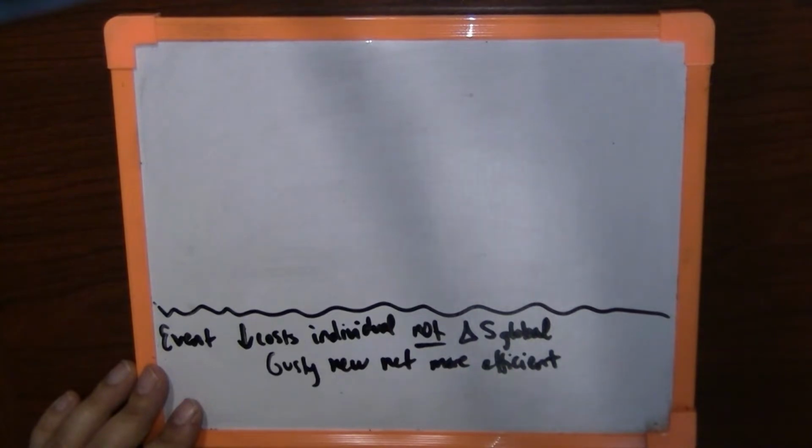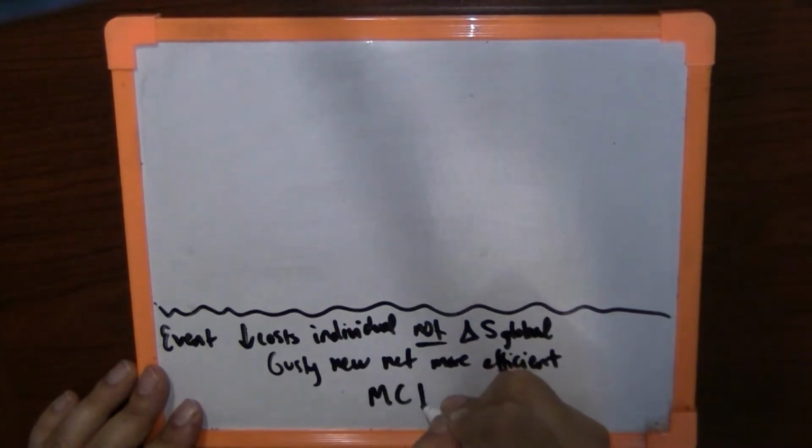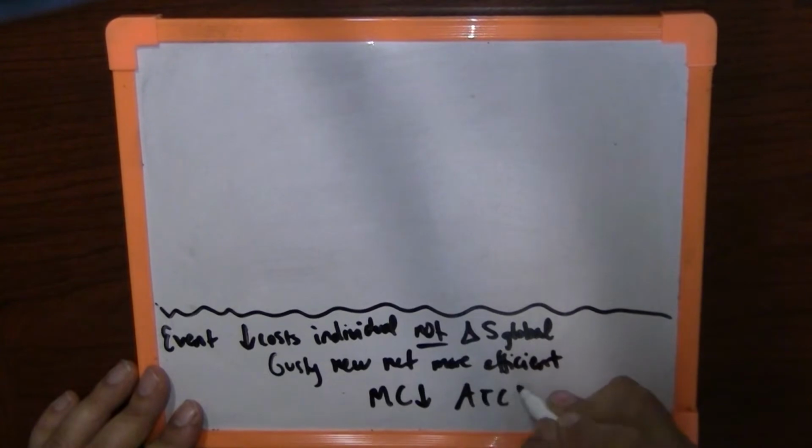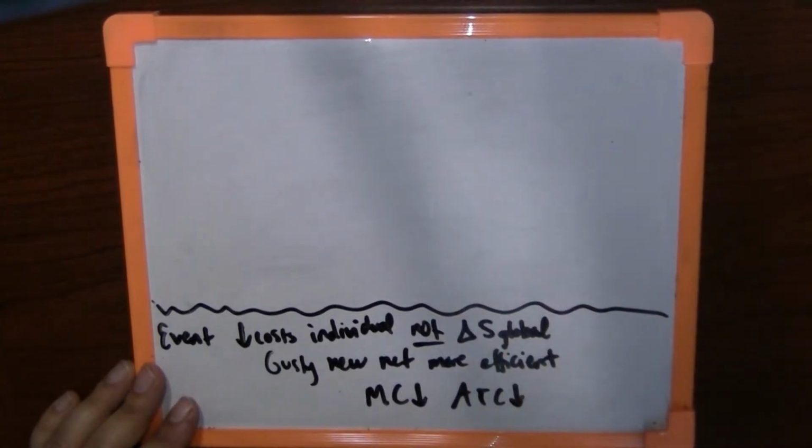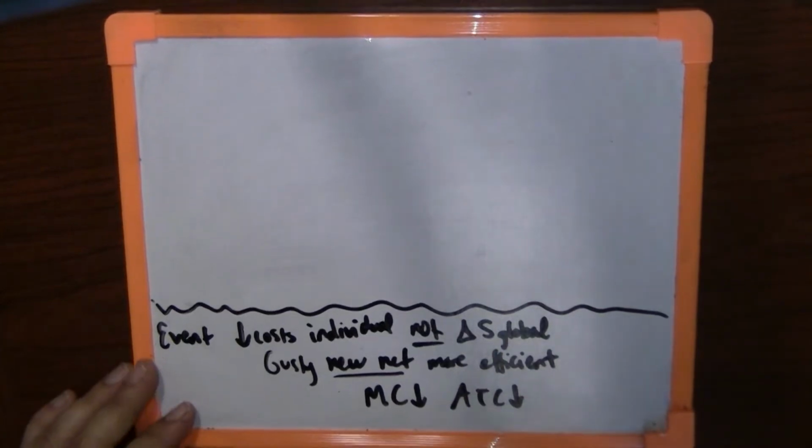His marginal costs fall, and so do his average total cost, right? Each fish is cheaper for him to get. It costs him less time, lower opportunity cost, and he is a more efficient harvester because of it. But he's the only one with this new net, we're going to assume, right? That's not going to be large enough to affect the entire market.